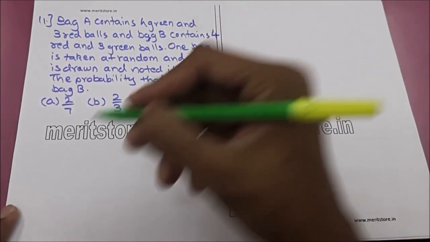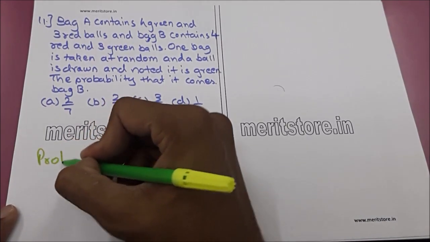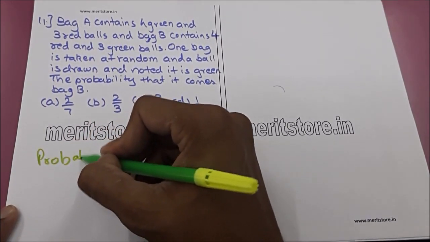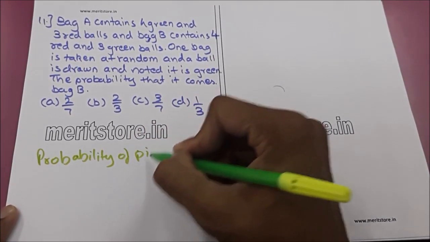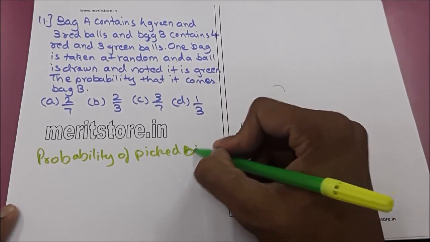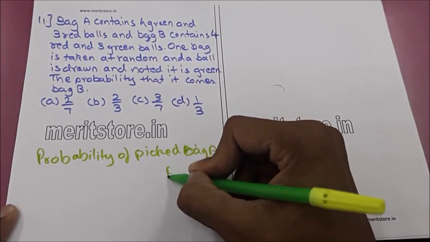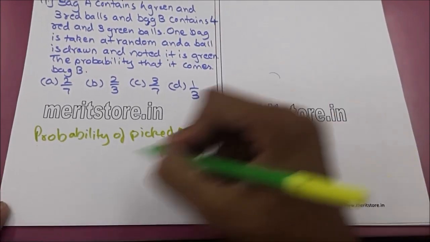So probability, we use Bayes' theorem formula. Probability of picked bag A, that is P of A, is equal to 1 by 2.